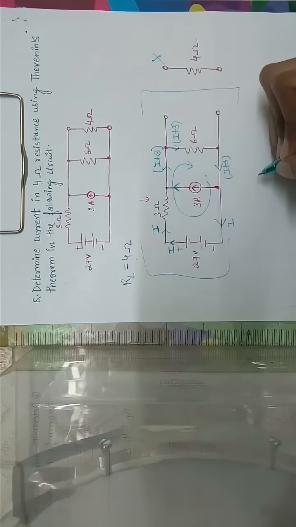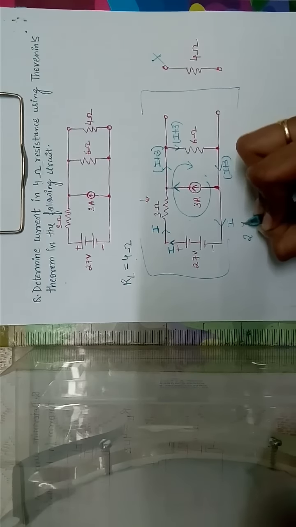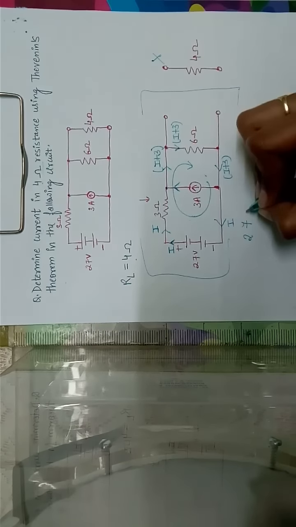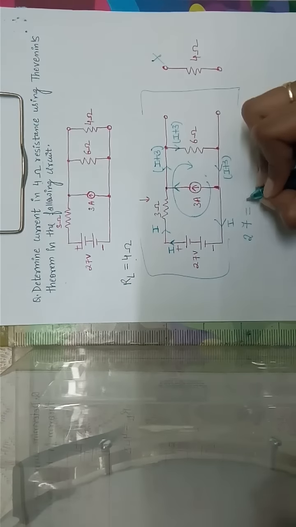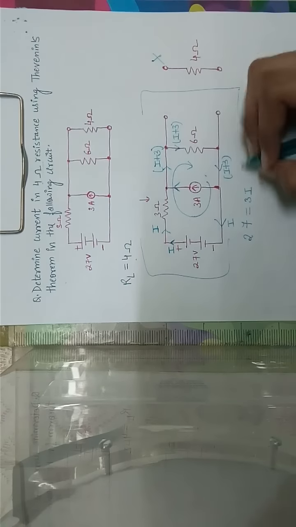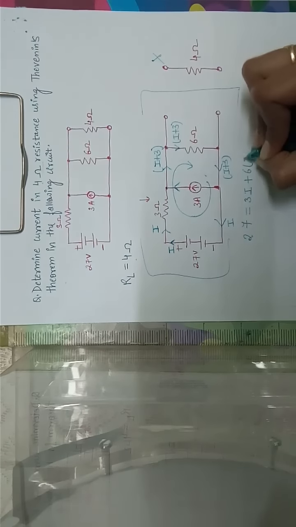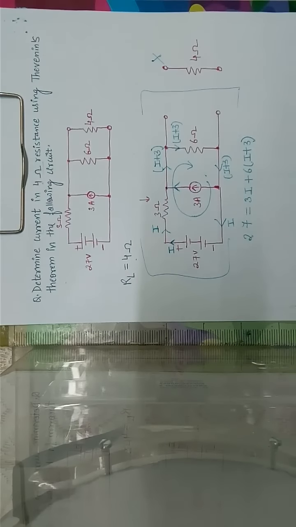in this direction. Fine. So we start off with the equation as 27 is equal to, because this is a voltage, so it will be equal to 3I. Then as we further see in this loop, this is the equation that we have got over here. Fine.